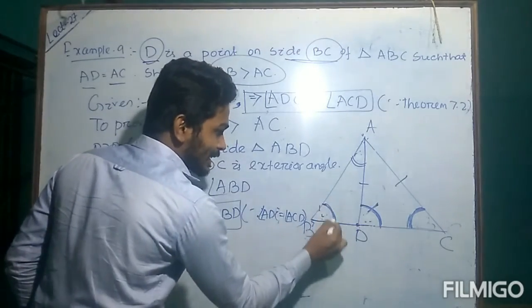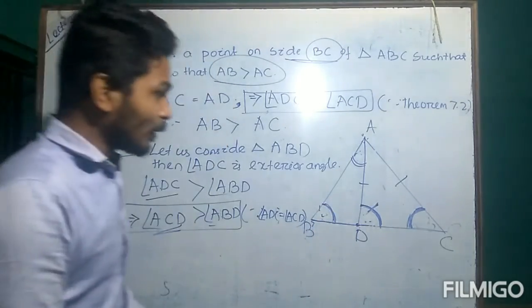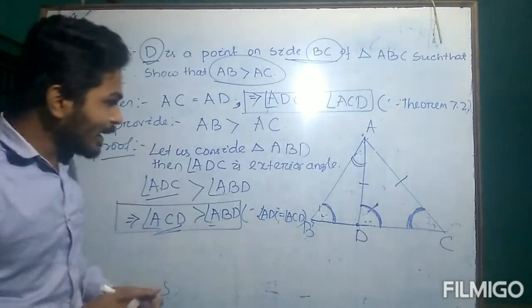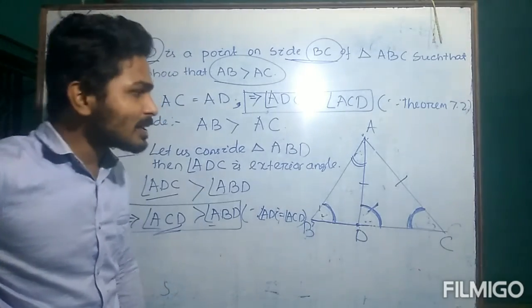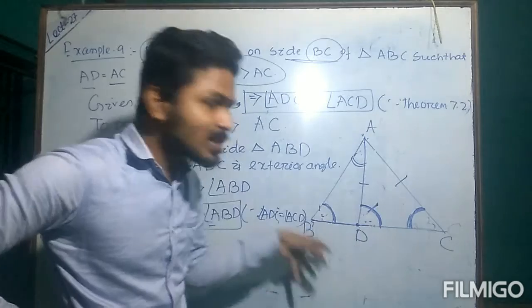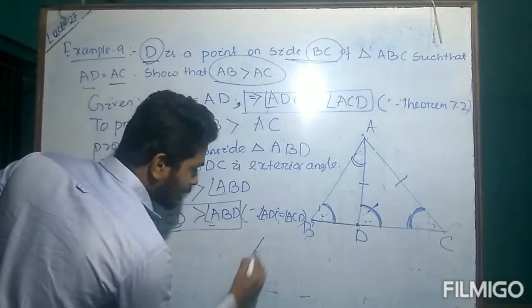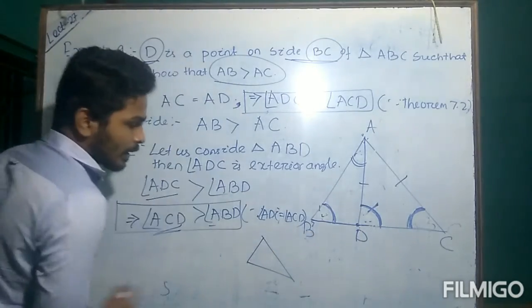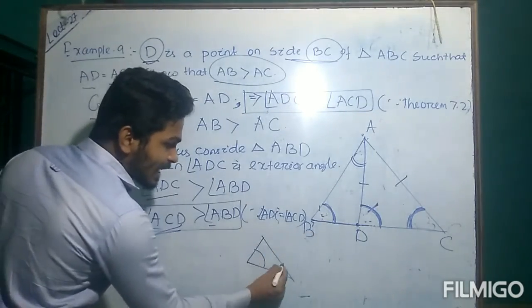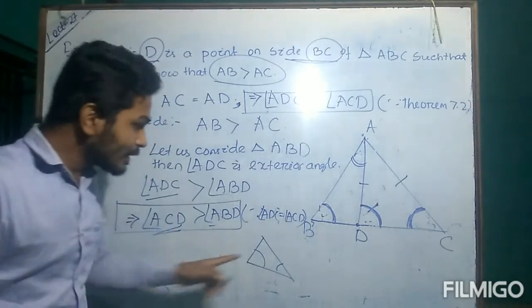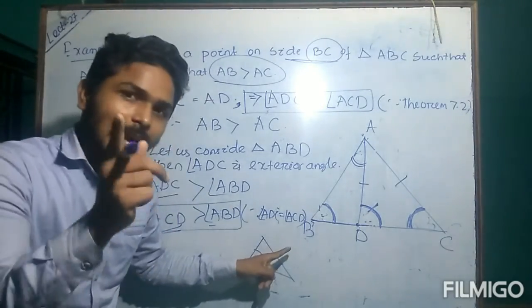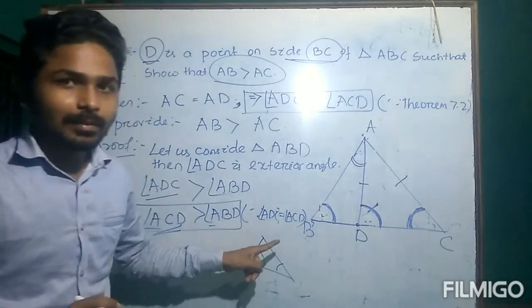Is greater than which angle? ABD. That means this. So according to theorem 7.7, what we have discussed? The 7.7 theorem we have discussed. If in a triangle, two angles are not equal, they are unequal, then the side opposite to the larger angle is longer.